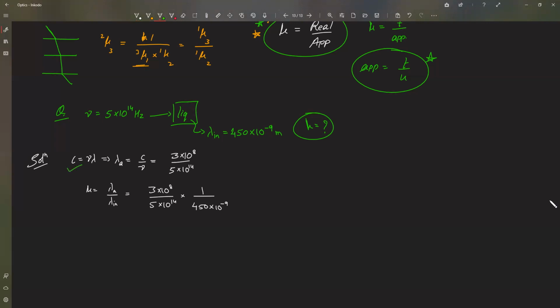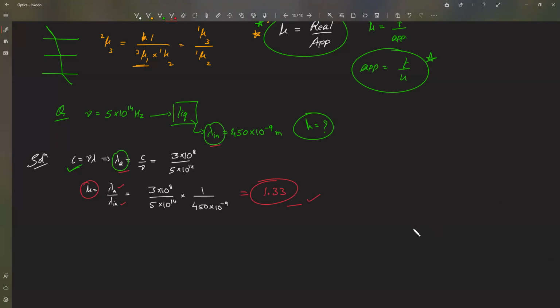I guess this is how you can do it. There will be different ways of doing this. This is one of them, that you find the lambda in air. Then you already have the lambda in the medium. Mu will be lambda in air divided by lambda in the medium. So this is what you should get. And if you solve it, you will get 1.33. So the medium's refractive index will be 1.33. So that is the solution.